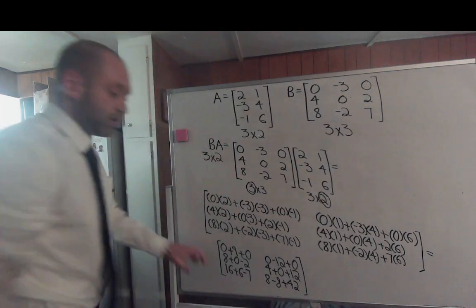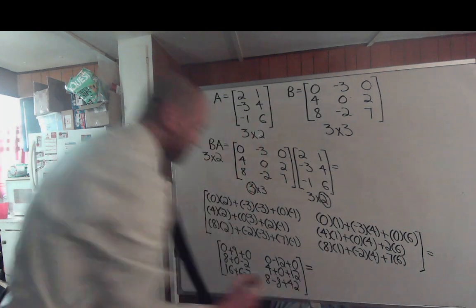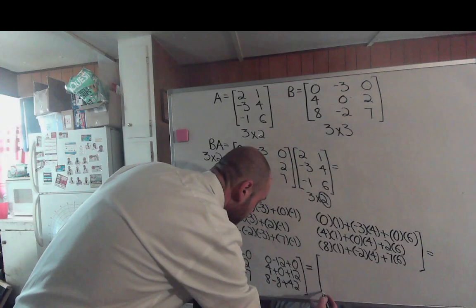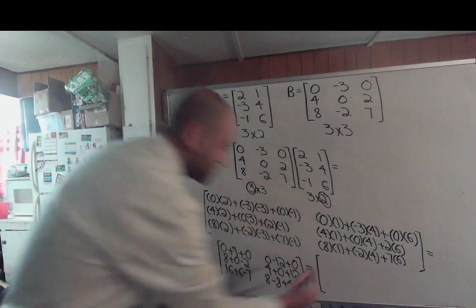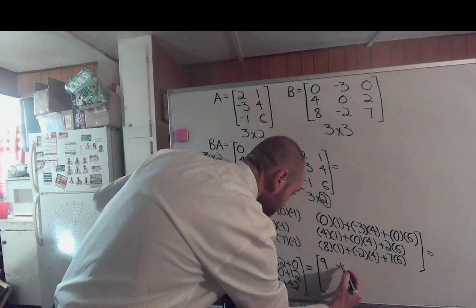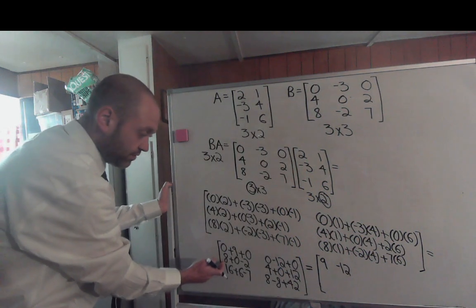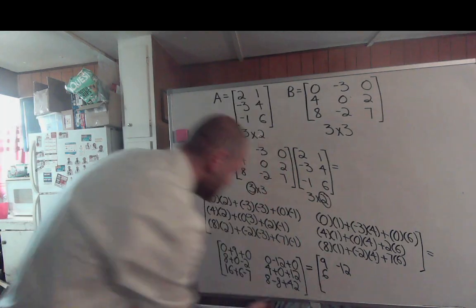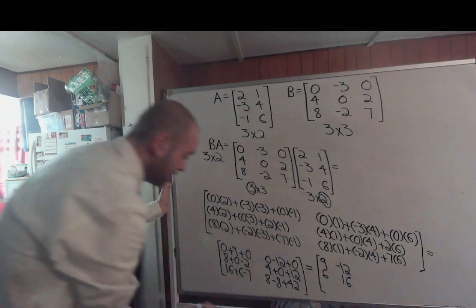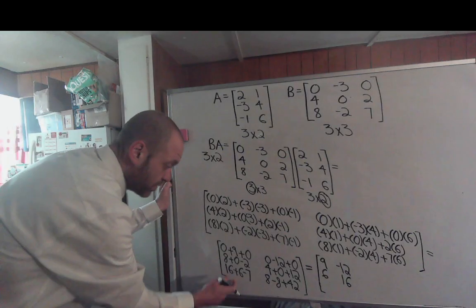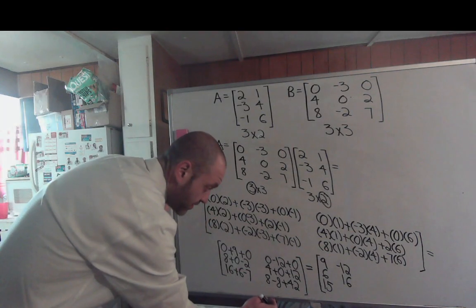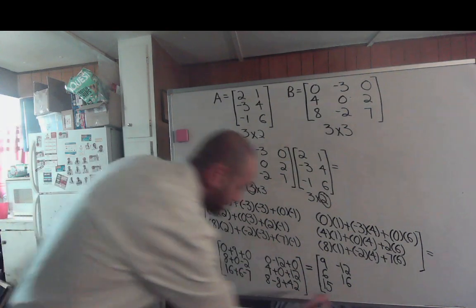So now let's add all these together. You'll get your final result for B times A. You'll end up with the first number of the first row is 9, second number of the first row is negative 12, first number of the second row is going to be 6, second number of the second row would be 16, and then the first number of the third row would end up being 15, second number of the third row would end up being 42.